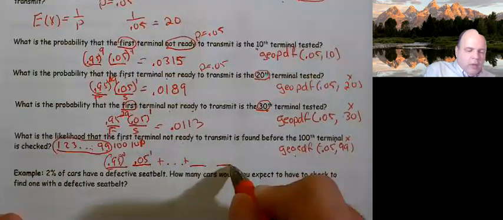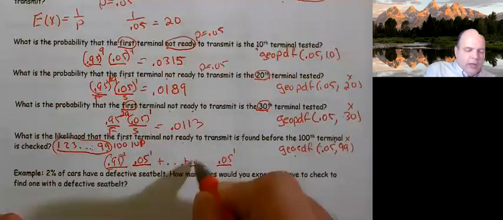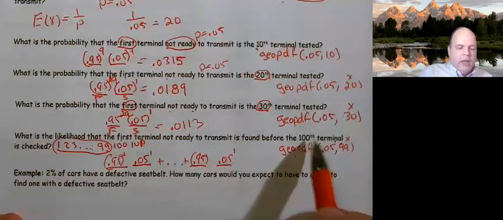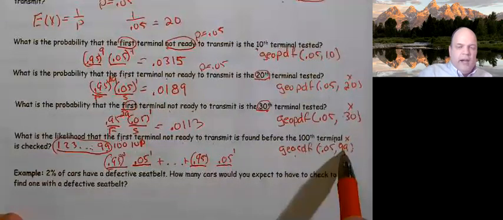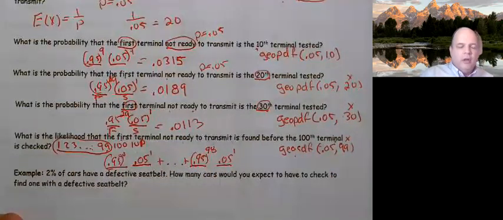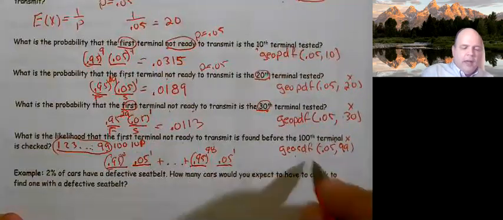This is going to be 0.05. It's always to the first. And this is going to be 0.95. And this is going to be, we have an X of 99. So 99 minus 1 is 98.